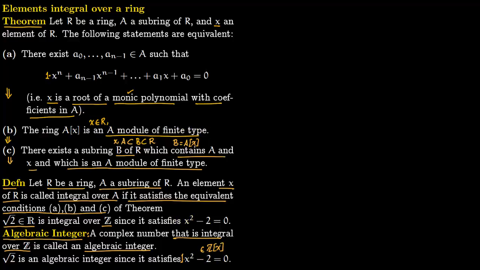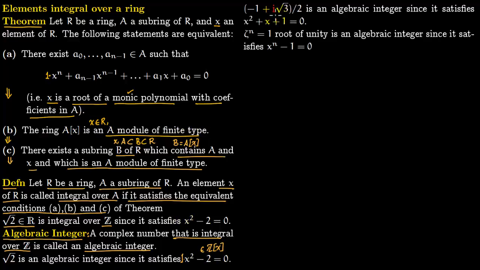Then minus 1 plus i square root of 3, divided by 2, is also an algebraic integer since it satisfies the equation x squared plus x plus 1 equals 0. Again the coefficients are 1, 1, 1, which lie in the integers. You can see everything is in Z[x].